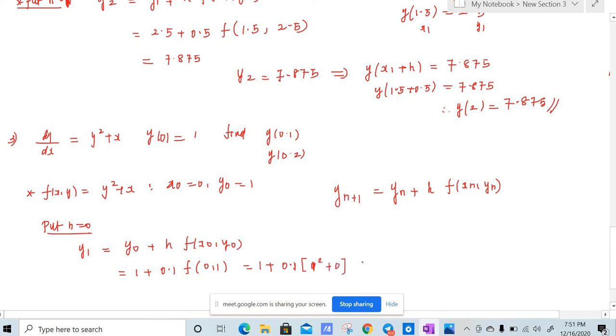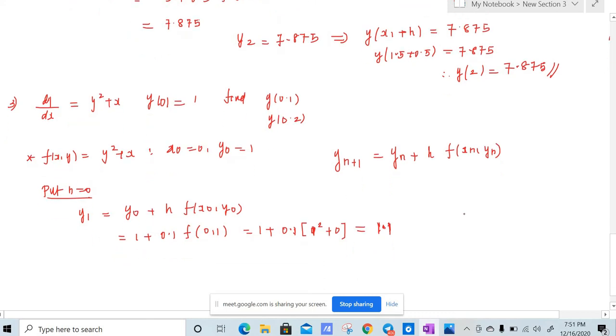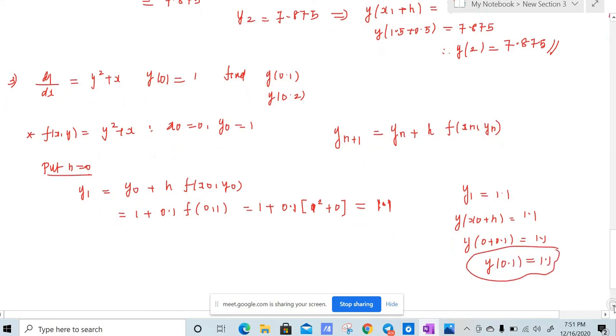So 1 square plus 0, so it will be 1.1. So that means y of 1 is 1.1. So this is y of x0 plus h is equal to 1.1. So x0 is 0, h is 0.1, is equal to 1.1. So therefore y of 0.1 is equal to 1.1. So we have found the first subdivision.